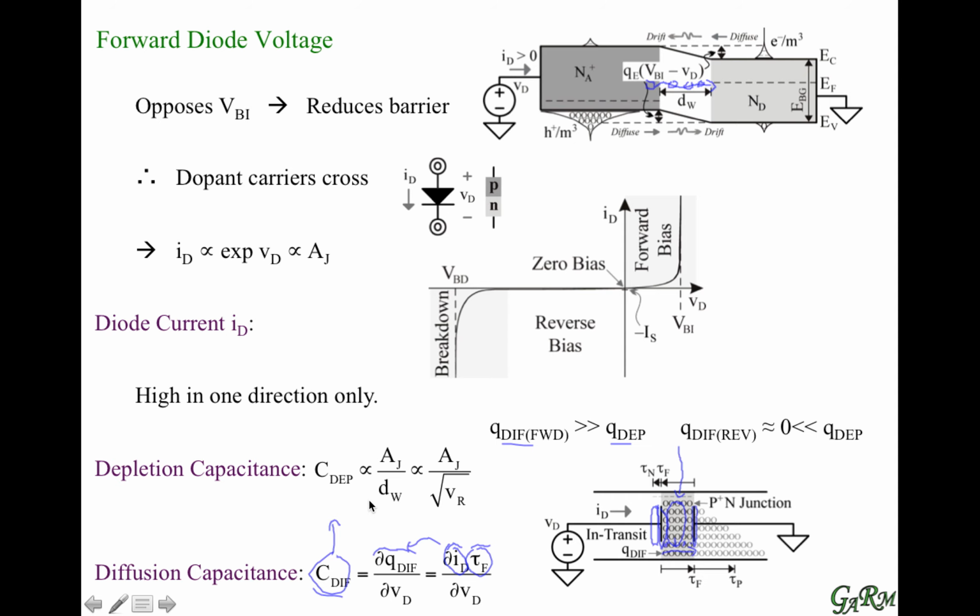Now when we reverse the voltage and we reverse bias, we see that there are no longer charges diffusing across the junction. So basically those diffusion charges go to zero, and that means that the depletion charge is much greater than the diffusion charge. So when we're reverse biased, it is the depletion capacitance that is much greater than the diffusion capacitance.